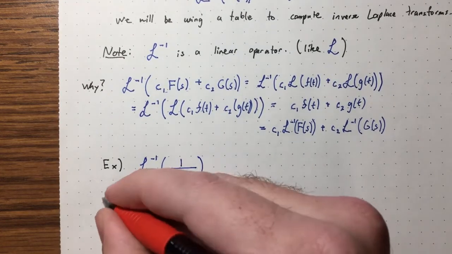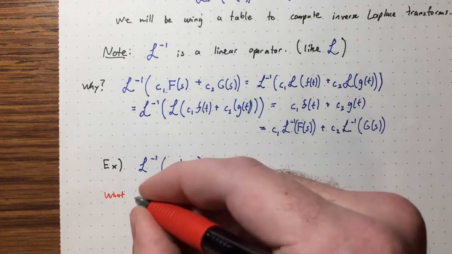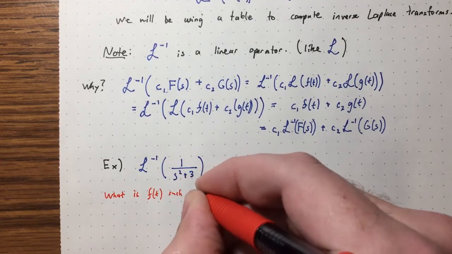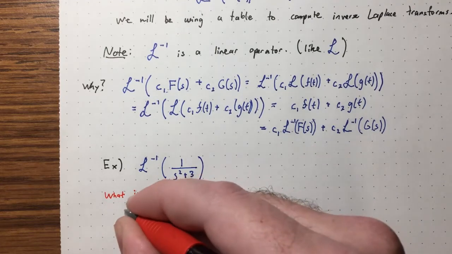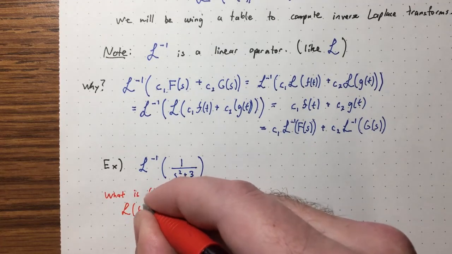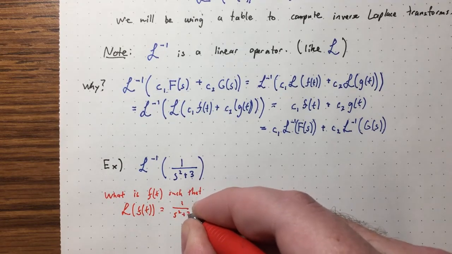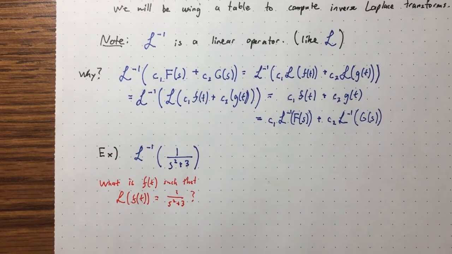Let's just recall what this means, right? So this means what is some function f of t such that L of f of t is this 1 over s squared plus 3, right? That's what we mean by this notation.